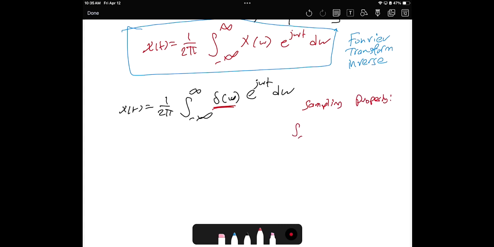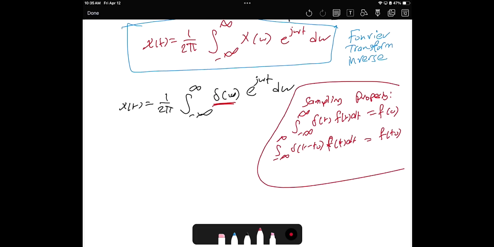The integral from negative infinity to infinity of delta(t) f(t) dt equals f(0). And the integral of delta(t minus t0) f(t) dt means f(t0).